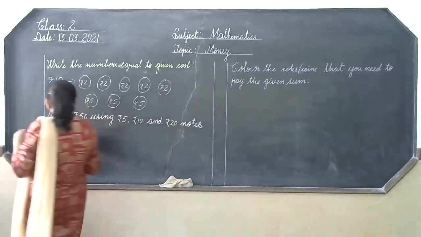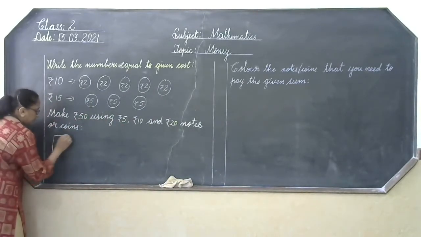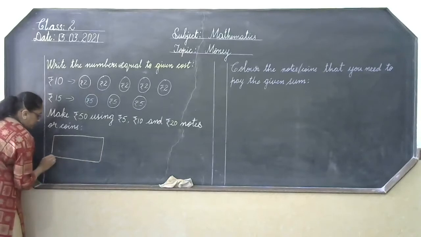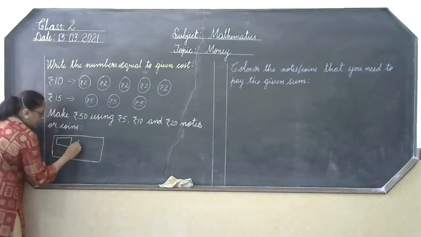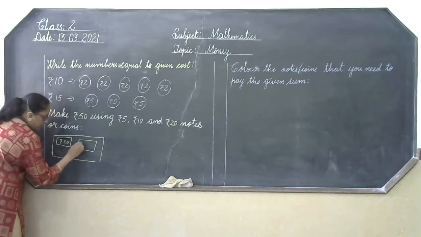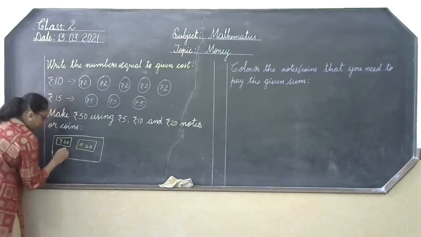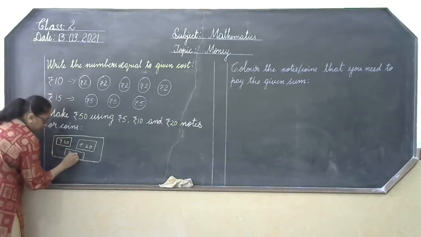So here you can use, see here, a box will be given like this. You should use it here, children. You can use 3 notes here, that is rupees 20, rupees 20 and rupees 10.